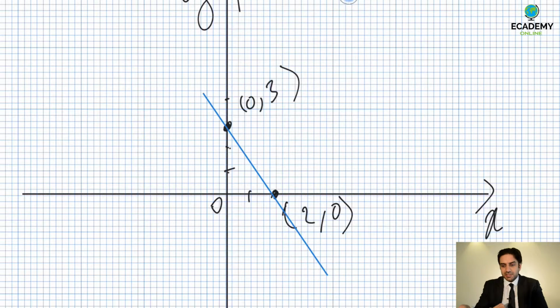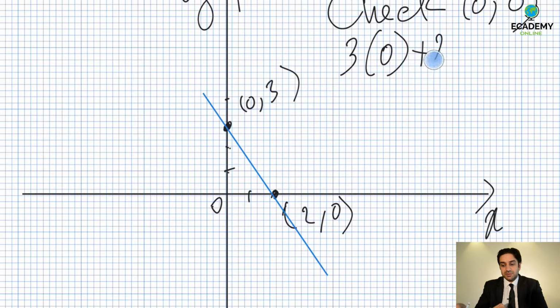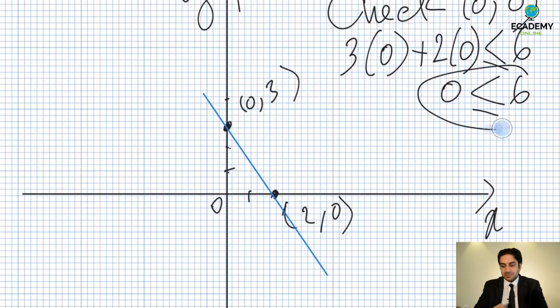So I will check the inequality with 0, 0. I will substitute this value in my inequality. It was 3 times x plus 2 times y less than or equal to 6. That means 0 is less than or equal to 6. This relation right here is true.